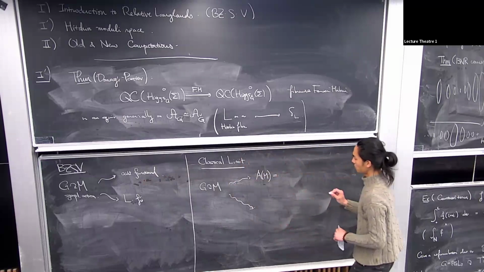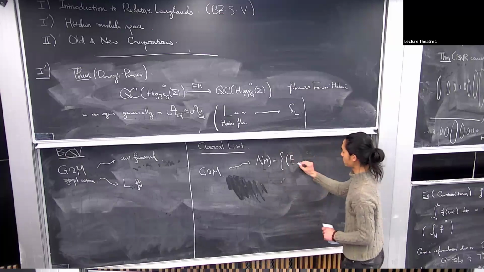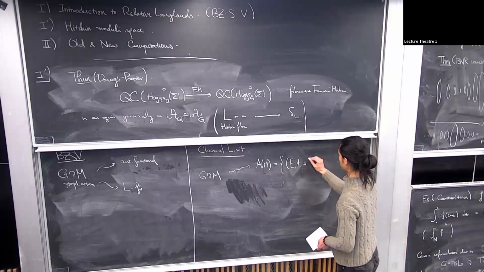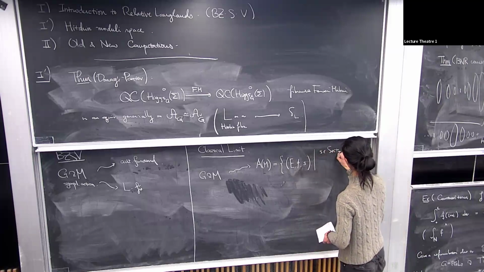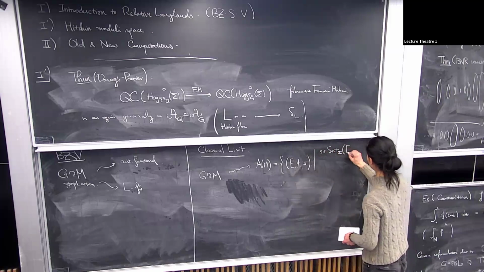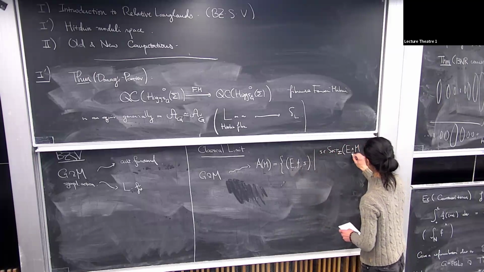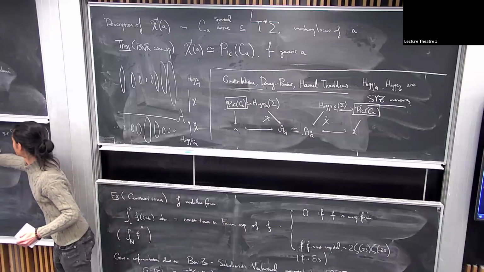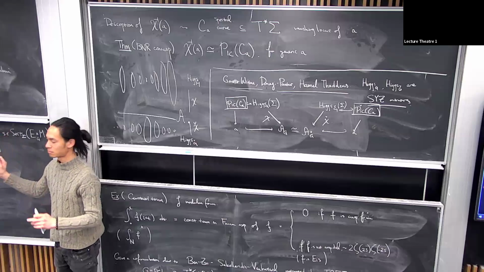What this is, maybe I need more space, is the data of a Higgs bundle plus a section S. This S is a section over the curve of that G-bundle where I change the fibers into M. If I have a G-bundle, I can just replace the fibers all by a variety that G acts on.